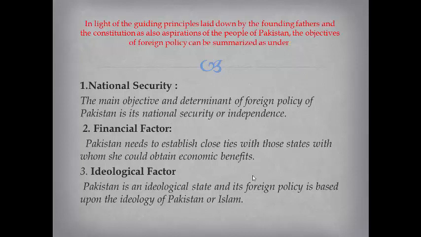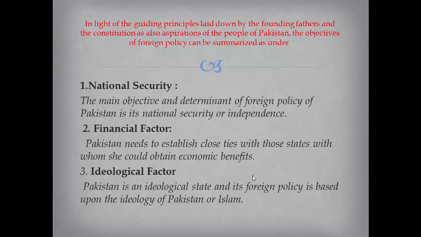Pakistan has to spend more on defense as compared to others. Defense against India has been a major concern of Pakistan. Since the very beginning of the creation of Pakistan, India adopted a hostile policy against Pakistan.